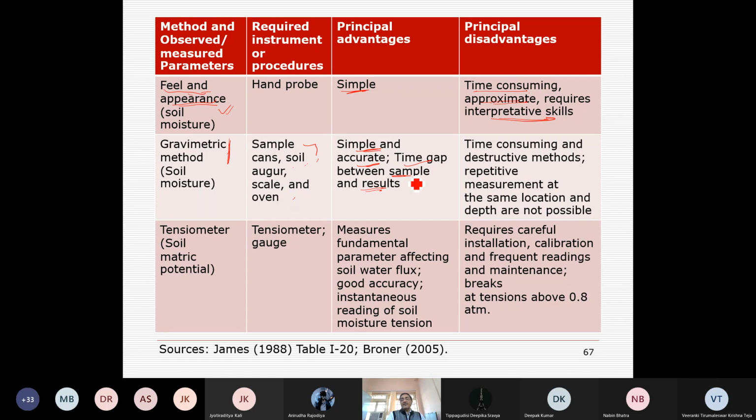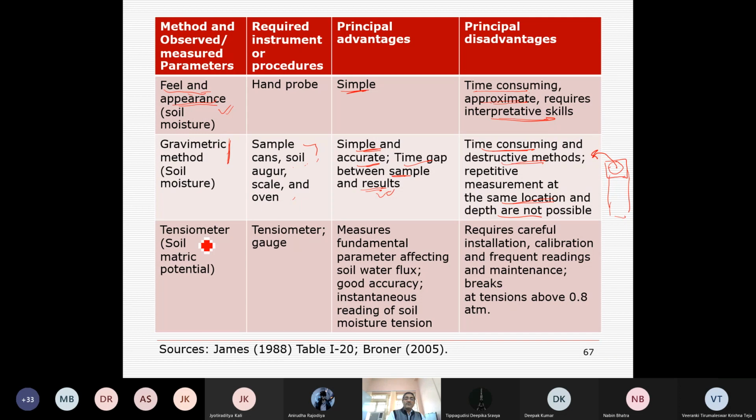So the advantage is that sample and results are very accurate, but the disadvantage is it is a time consuming and destructive method. We need to take samples from the soil, taking those samples out from the place of soil. So we cannot measure many times at the same point, same location, but we need to take samples from different depths to find out the right information about soil moisture.